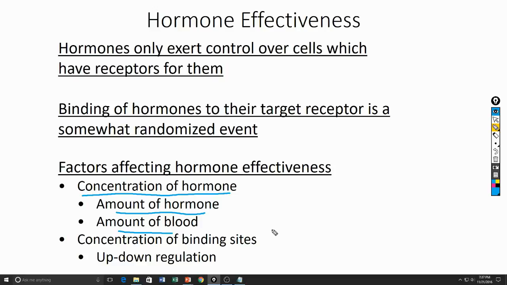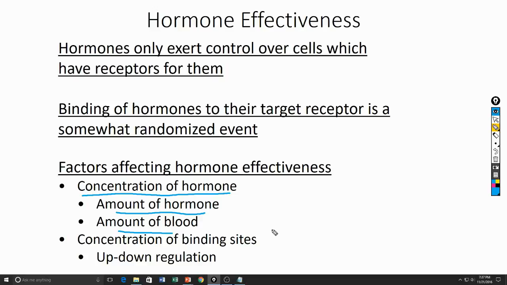And if you don't have a lot of binding sites, it doesn't really matter how much of a hormone you have if it can't find a binding site to interact with. So there's really two things at play here. How much hormone is actually there, and then how receptive the cell is, how many receptors the cell actually has for the hormone to exert an effect.